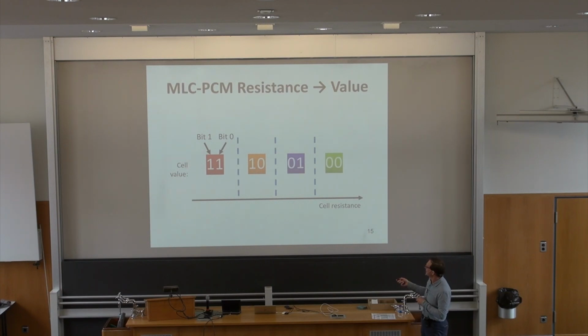Clearly, the probability of a cell jumping from this resistance value to this resistance value is much lower. So if you encode your states nicely, such that only 1 bit changes between these two, that actually helps. So this is probably not a good encoding, actually. You need some sort of gray codes, for example, that helps. But people have looked at other codes as well. That's a very good question also.